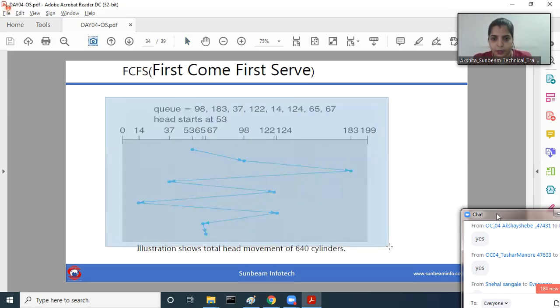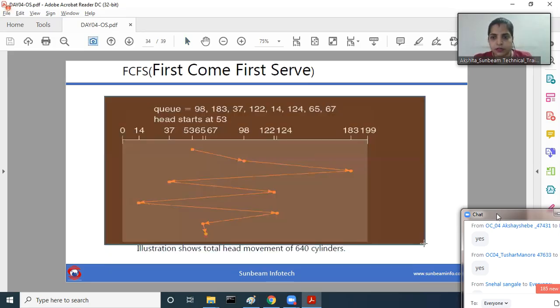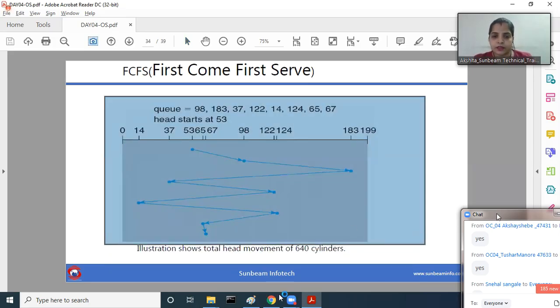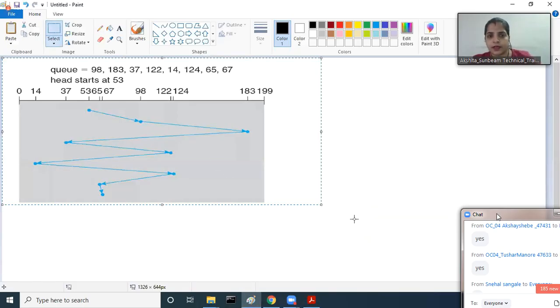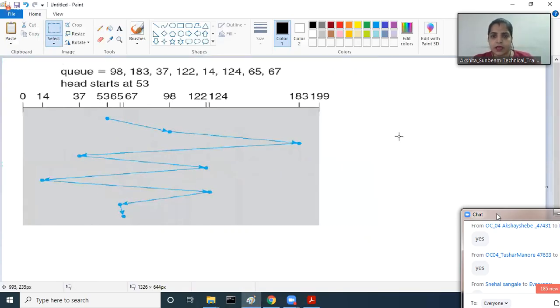All right. Now, let us say we are saying the current cursor. अब मेरा disk 53 location पे है. Who is the first one which came? 98. From 53, it will go to 98. What is the difference between 98 and 53?